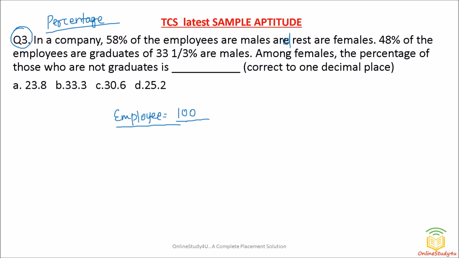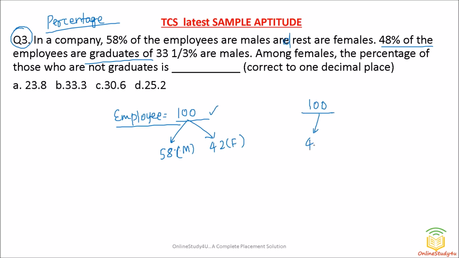Out of that, 58% is male, so 58 will become male and the rest are females, so 42 will become female. Then 48% of the employees are graduates. So friends, total is 100.